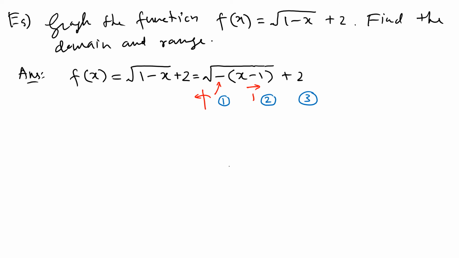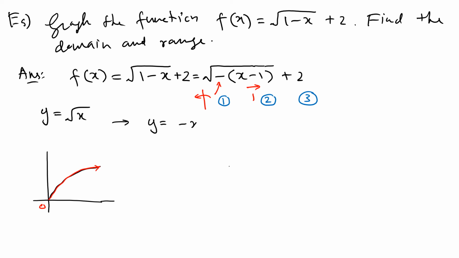Okay, so let's go one by one. So what are the graphs now? We have y equals the square root of x, that's the starting point, and we know the graph of that. Start with 0. Then we move on to the next one: y equals the square root of negative x.